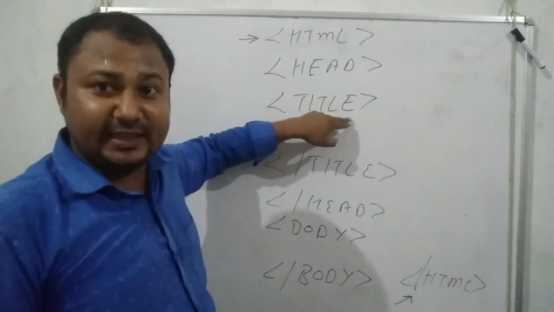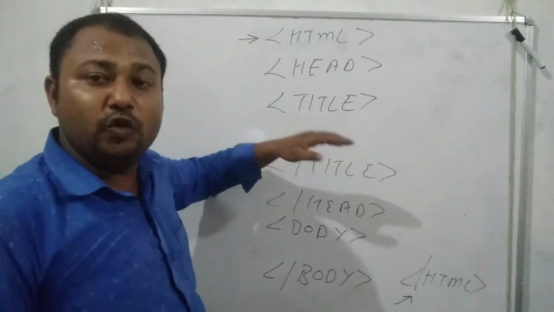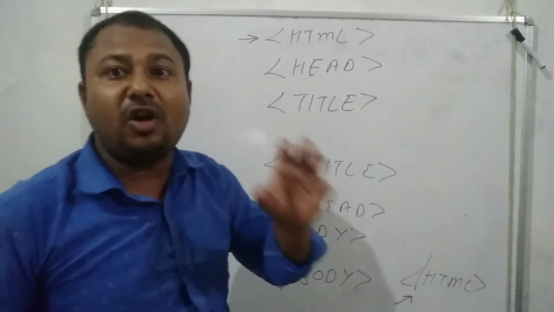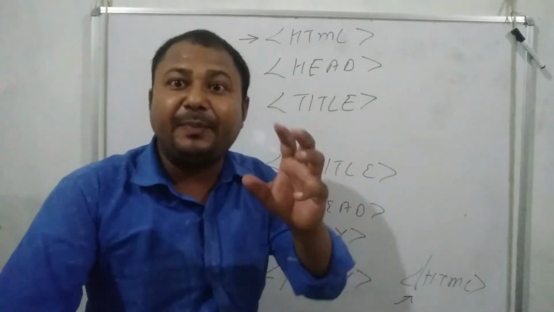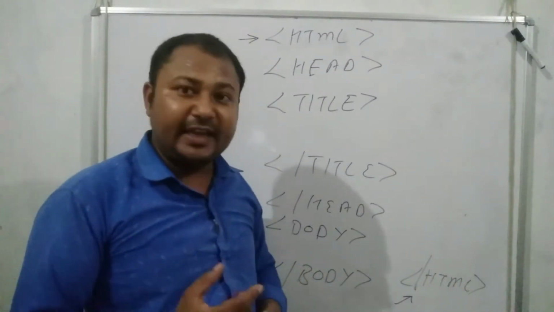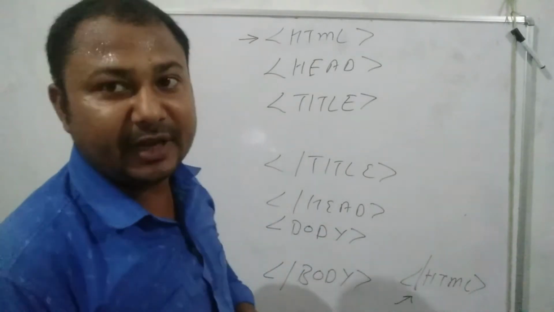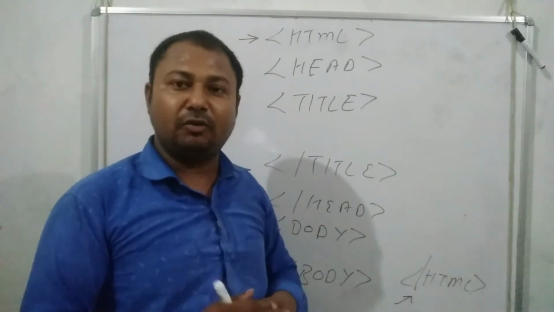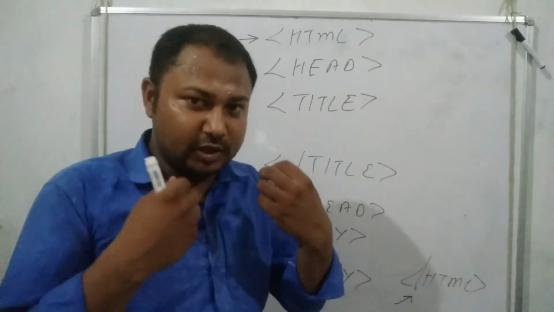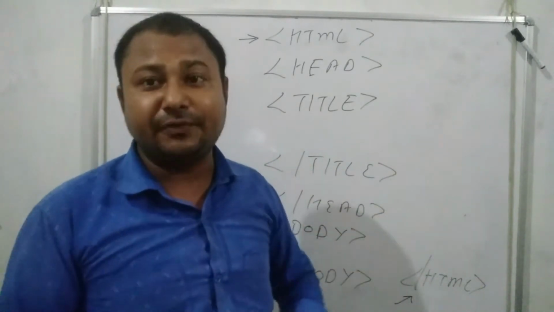After that the title tag will start. In this title we write the name of the page. Suppose we are making a web page where we have to show cricket information or any sport activity information.